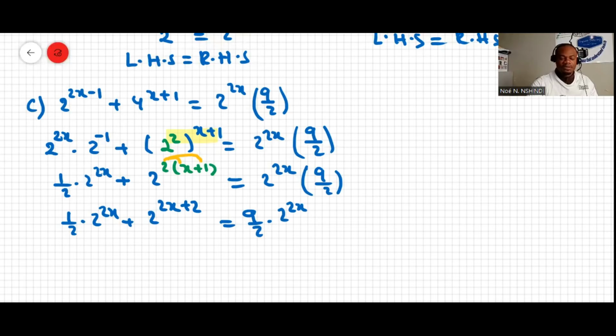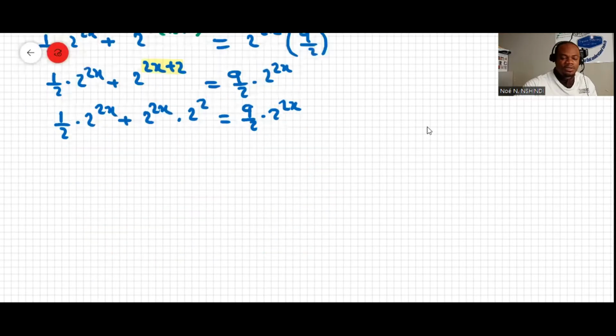Over here, we can split this as we did for this step and in the previous question. So it's going to be a half times 2 to the 2x plus 2 to the 2x multiplied by 2 to the 2, equal to 9/2 multiplied by 2 to the 2x.